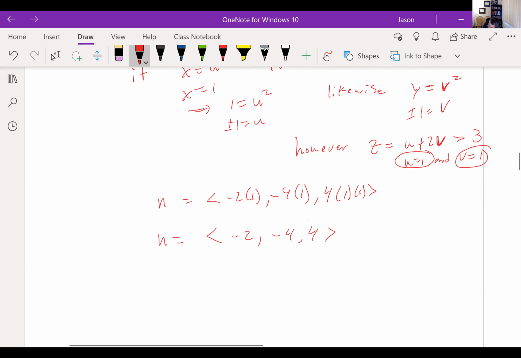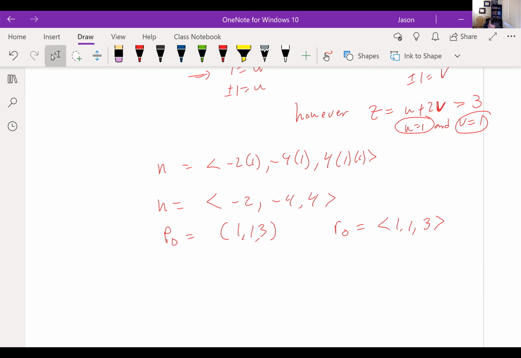Okay, my original point, I'll call this P naught, is equal to (1, 1, 3), which means that R naught is equal to (1, 1, 3).